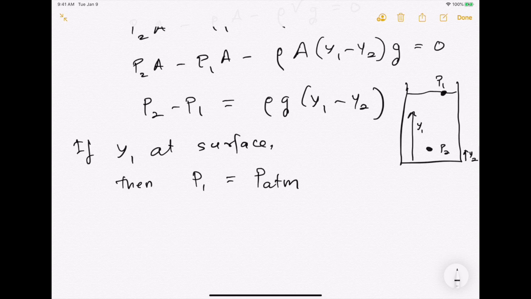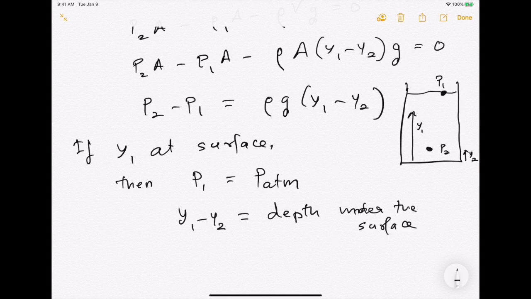Okay, so P1 would be P atmospheric. And y2 minus y1, or y1 minus y2, would simply be the depth below the surface, underneath the surface. We're going to call that h.